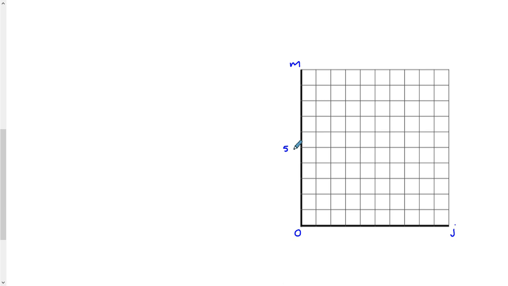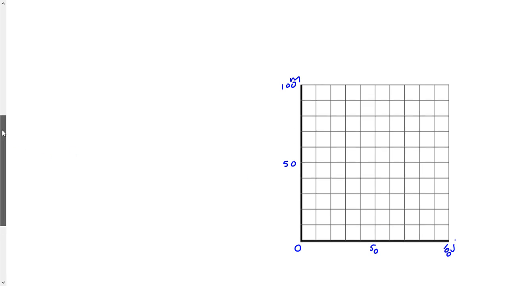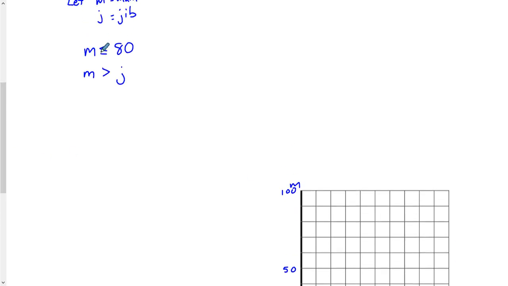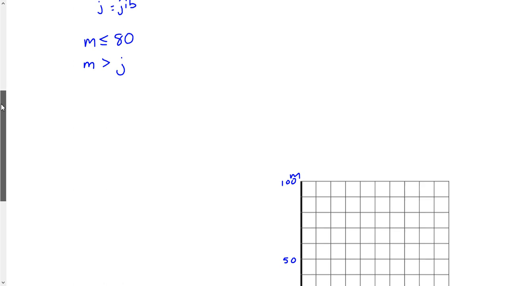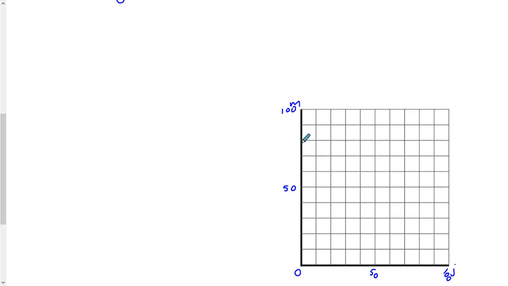Every single one is worth 10, because we're going to talk about percentages. So the m has to be less than or equal to 80. Well, the m is 80 right here, but it's also 80 all along this horizontal line.